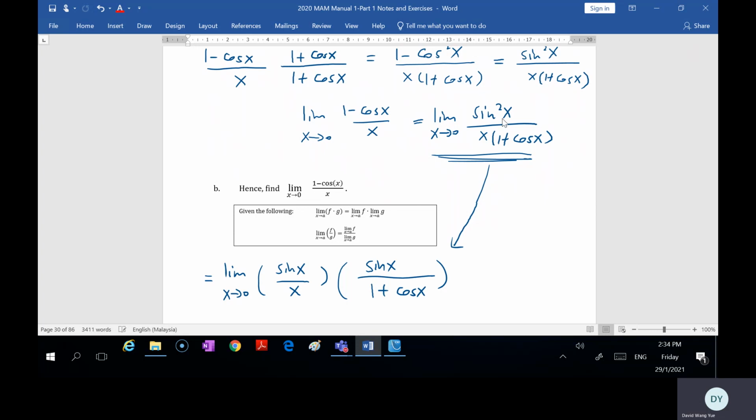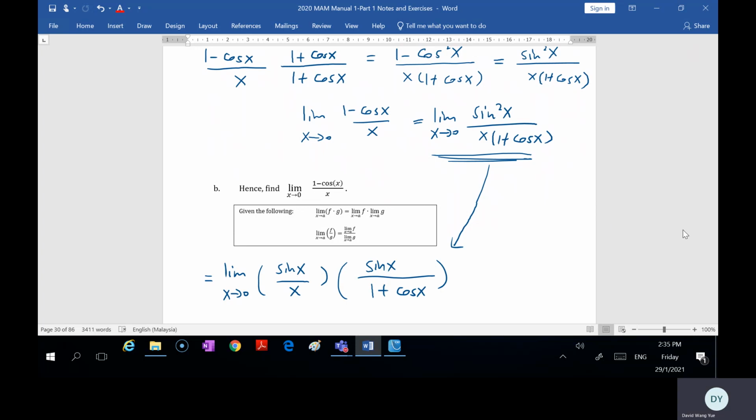Okay, because sine squared x can be written as sin x times sin x. x times 1 plus cosine x can be written as x times 1 plus cosine x. So the top, sine squared x, I separate into two functions.